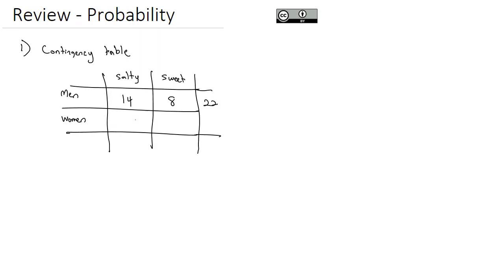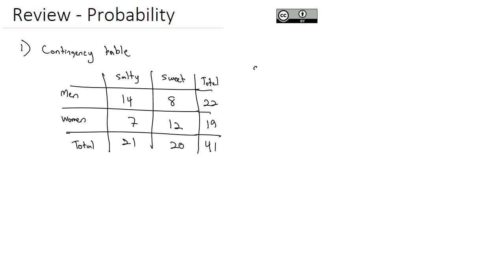For the women, there were 7 who preferred salty snacks, 12 that preferred sweet snacks, for a total of 19 women, which means we have a total of 21 salty fans, 20 sweet fans, and 41 total people. So those are totals in the last row and column.